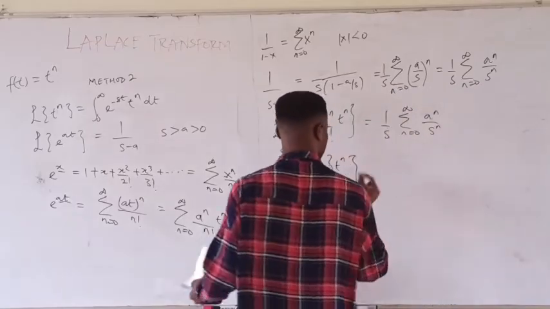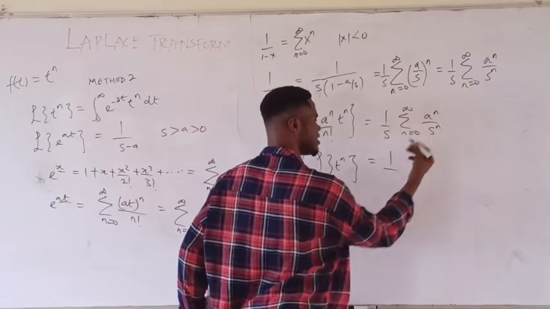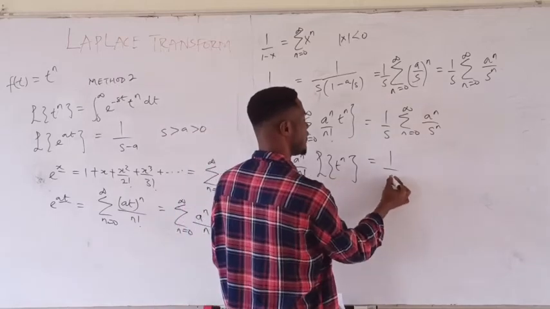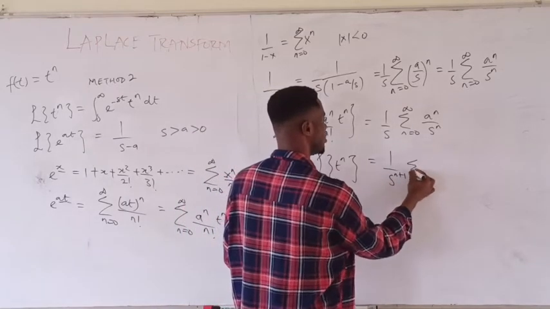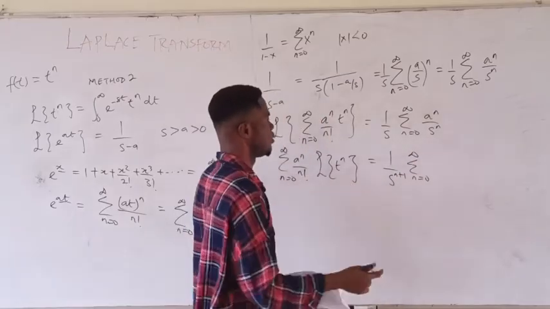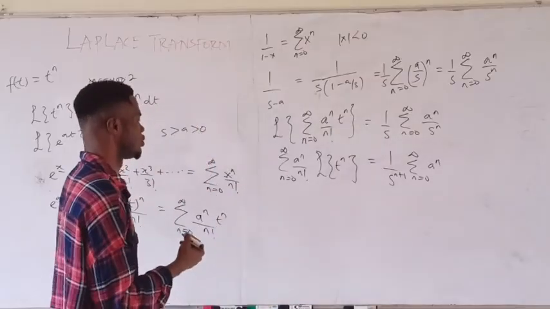So if I should do that, of course I'm going to have 1 over, since s and s are the same, we can add their powers. So when I add their powers, I'm going to have s raised to the power of n plus 1, summation from n equals 0 to infinity. So this is basically what I have, a raised to the power of n. Now let's do a little cancellation.